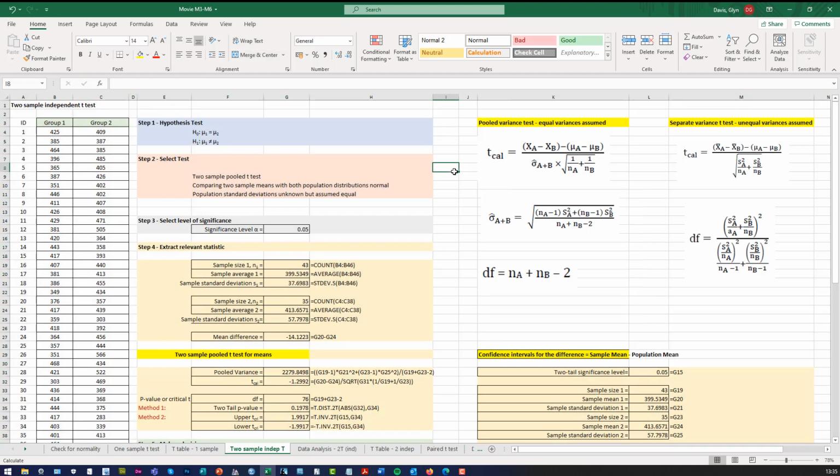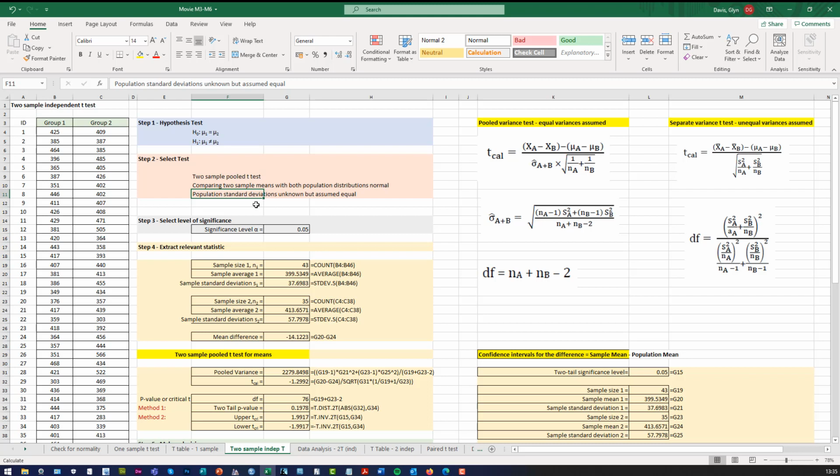Okay, so we're going to compare two sample means where both population distributions are normally distributed. The population standard deviations are unknown but are assumed equal. Please note that we will also look at this from the perspective where the population standard deviations are different.